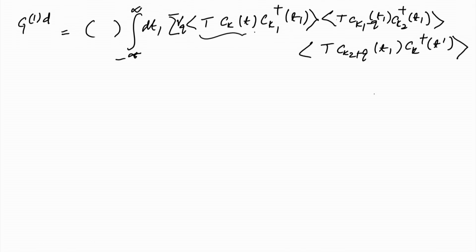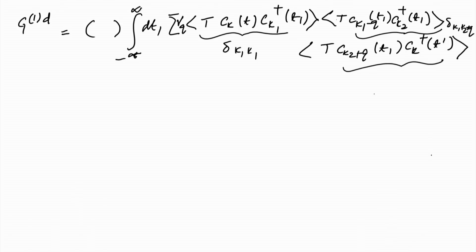Again this gives me delta k and k 1, this gives me delta k and k 2 plus q, because k 1 is equal to k.